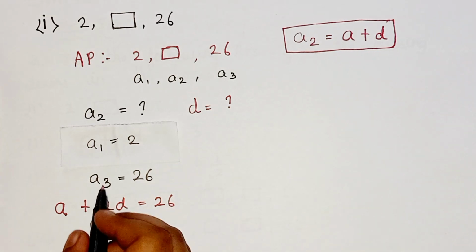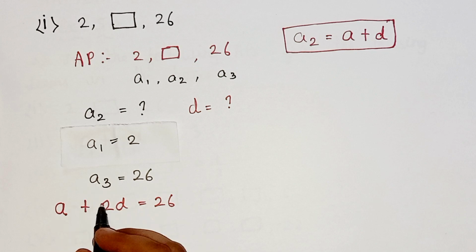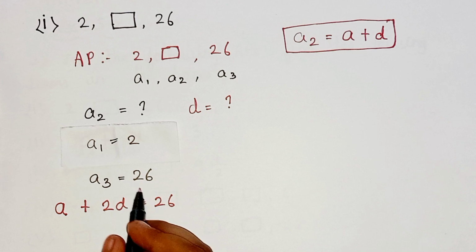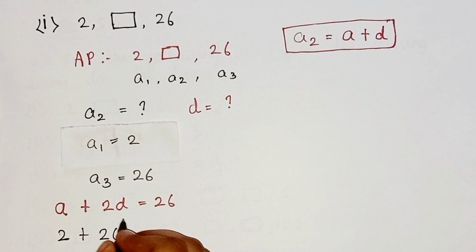So for that I just applied the formula here, that is A plus the previous number of 3 is 2 into D is equal to 26 as it is, okay. Alright, so now let us substitute the values. So here the A value is 2 and then plus 2 as it is into D value we don't know, so let's write it as it is equal to 26, okay.